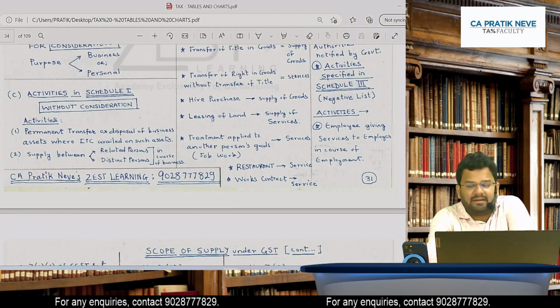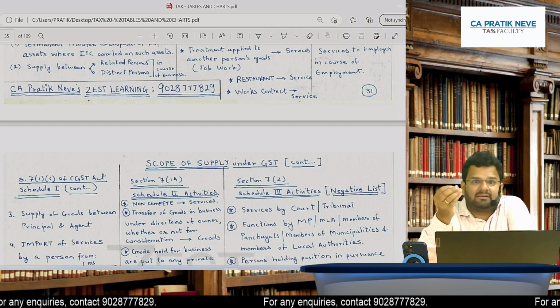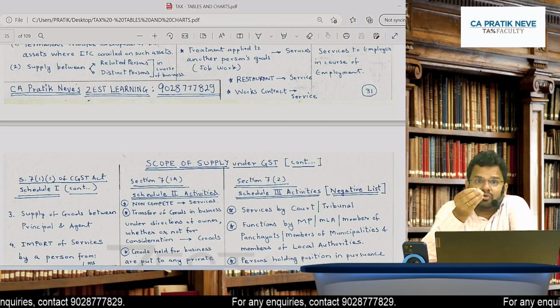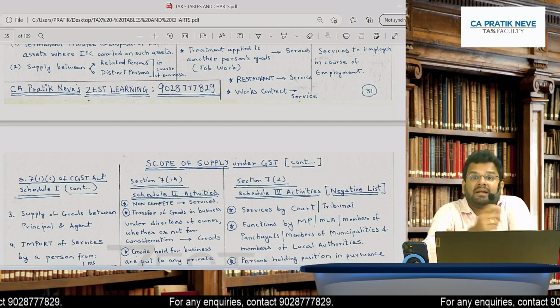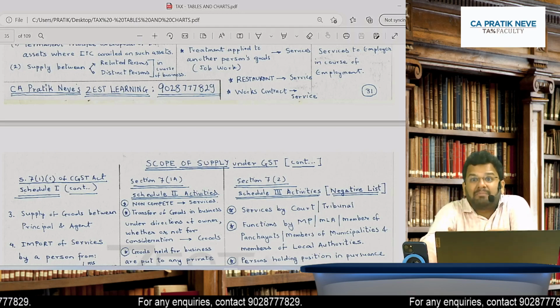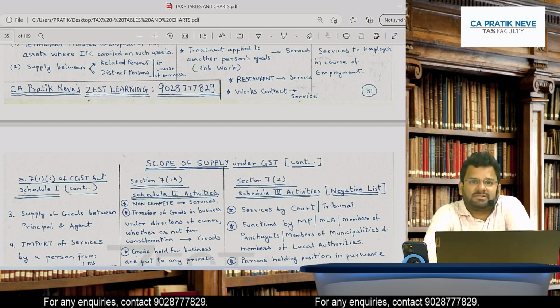Yes. Then whenever goods are just sent by the head office to a branch, that is a supply between distinct persons. So it will also be treated as supply for the purpose of GST.